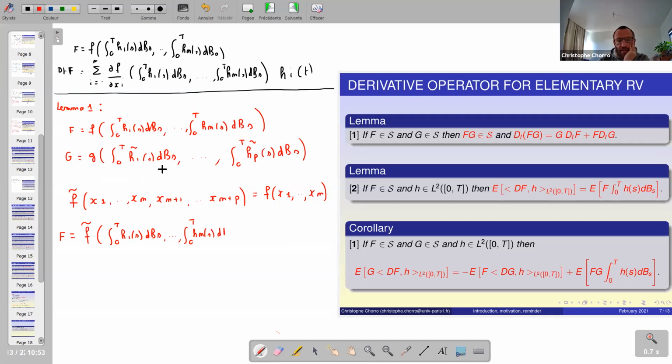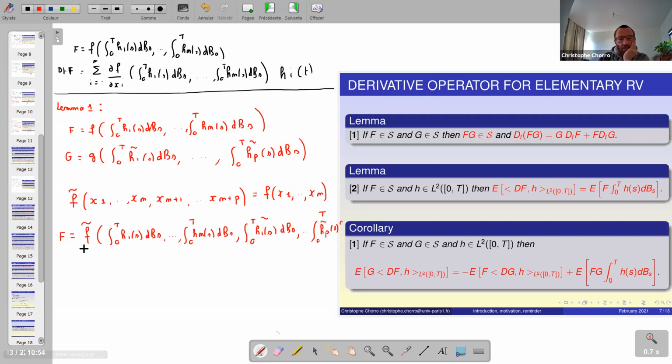And I can add these further Wiener integrals, even if, according to this formula, they won't be involved in the expression, but whatever, I can add them, up to Hp tilde of s dBs.